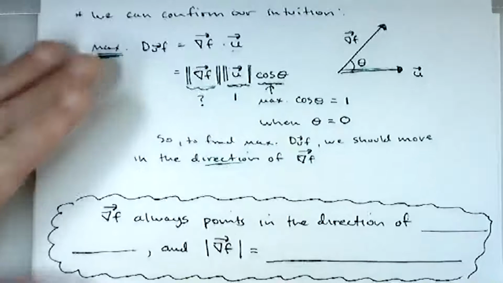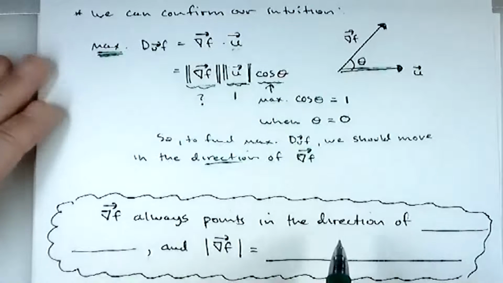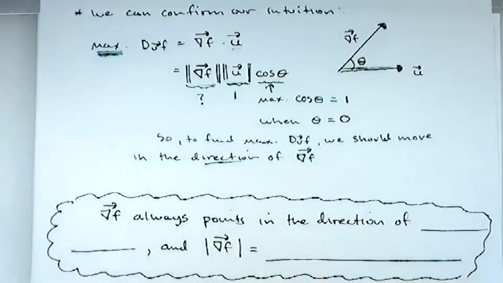Okay, so this brings up actually two important facts about the gradient vector. The gradient vector is a super, super useful vector that we're going to use, of course, for this quarter and lots of the time in 21D. We're going to be referring to the gradient vector all the time.